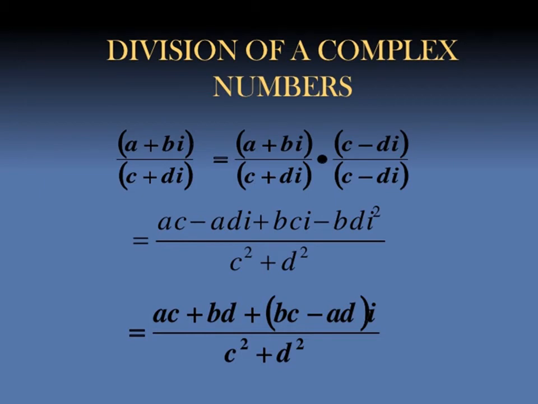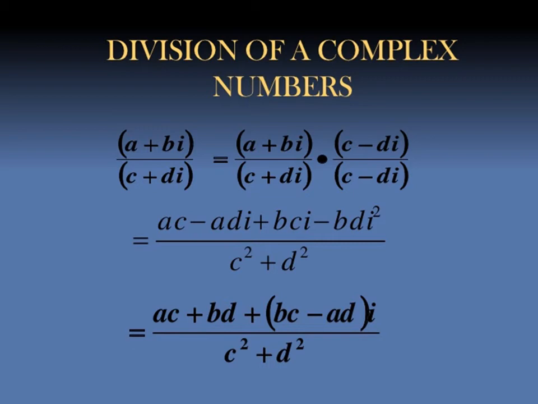The next point of the algebra of complex numbers is division of complex numbers. Let us take two complex numbers, a plus bi divided by c plus di.